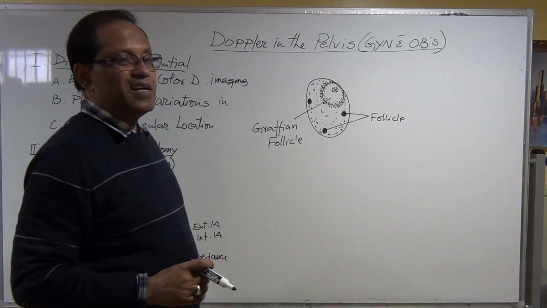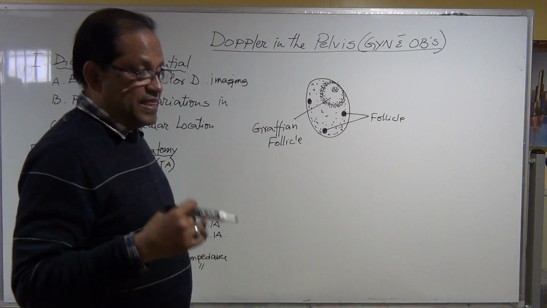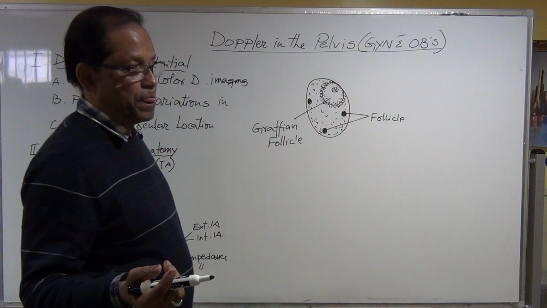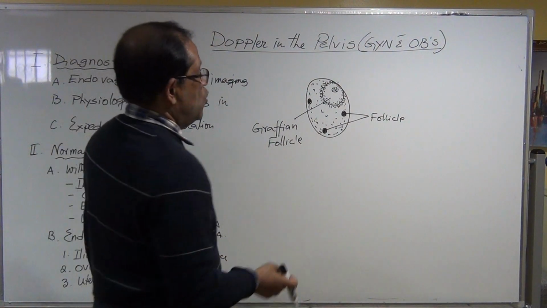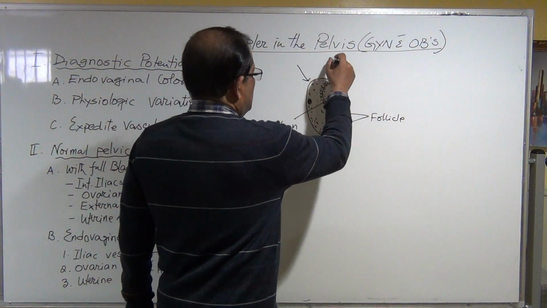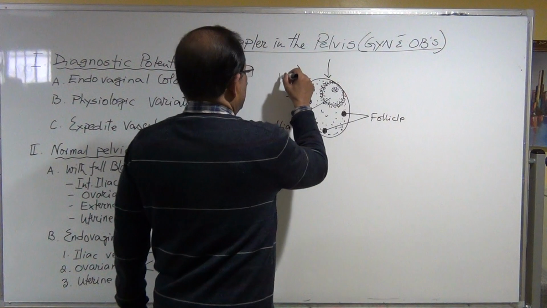Those are highly active. They need constant blood supply. When it is a Graafian follicle, more blood supply is needed.